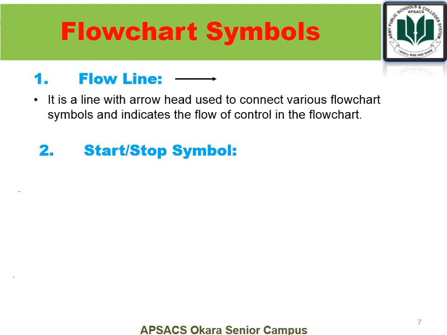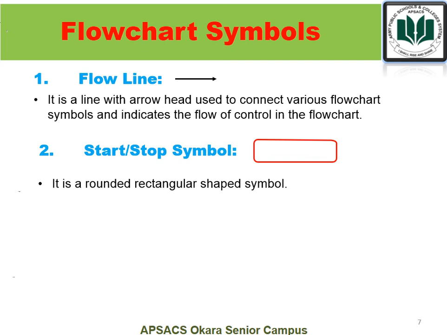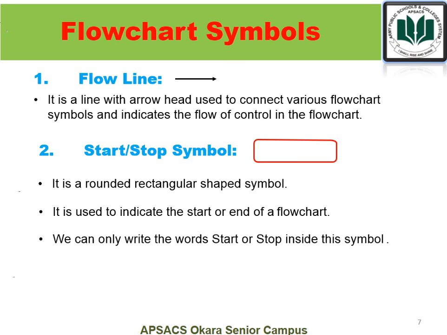Next is the start and stop symbol. The start and stop symbol is represented by the rounded rectangle. It is used to indicate the start or end of the flowchart. We can only write two words in this symbol: either stop or start.